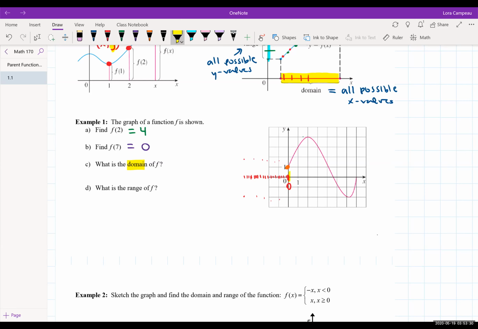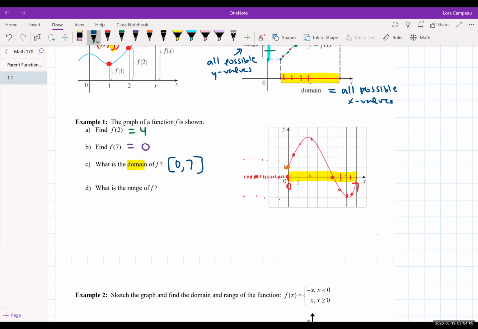And once we hit x equals 0, every x value from 0 until 7 is going to give us a corresponding y value either above, below, or on the x-axis. So we can describe the domain in interval notation as all the values between 0 and 7.